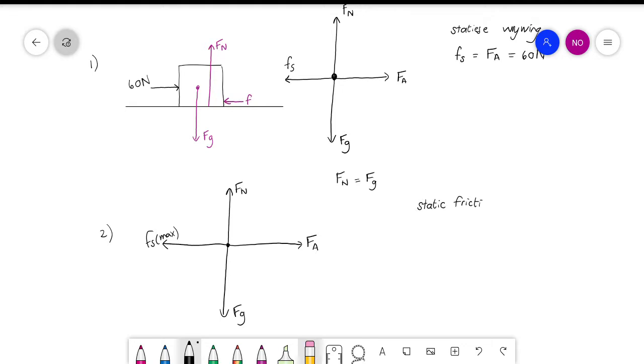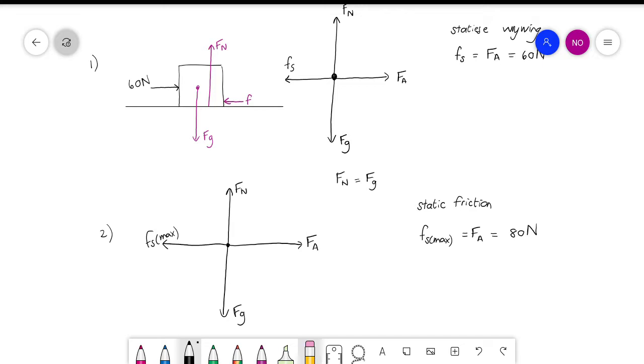Dit is nog steeds statiese wrywing wat hy ervaar. Still experiencing static friction. And this time you can say, I'm going to calculate Fs max is equal to the applied force is equal to 80 Newton.